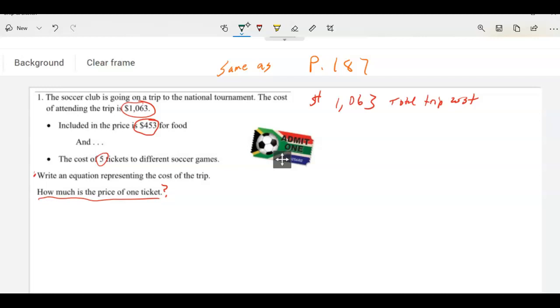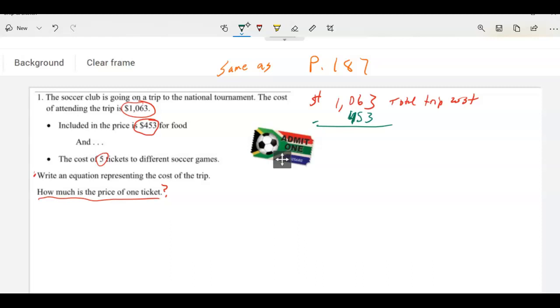So we don't really need the food right now. We need to find the difference between the total amount of the trip and the food, because we're not trying to find how much the food costs. We need to know the rest of the money that was used for the tickets. And in order to find that out, we have to find the difference between these two. We're going to subtract. When you say difference, we need to subtract.